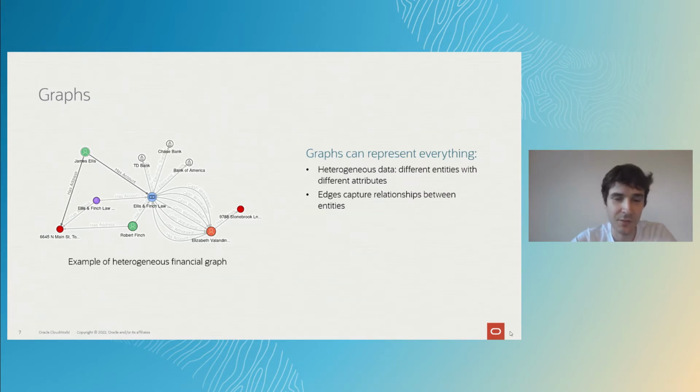We have different types of vertices, so the little circles here, and we have different type of edges connecting them all. What we support in PGX is this kind of heterogeneous graphs where we can have different types of vertices, different types of edges, and we can assign different properties to both the vertices and the edges, and these properties can differ per type.